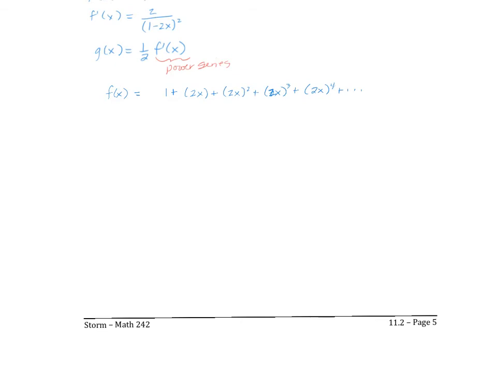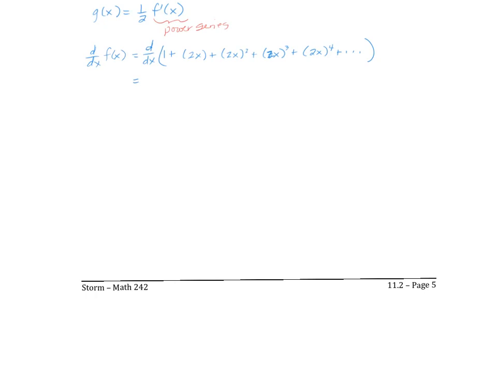So all I'm going to do is take the derivative with respect to x on both sides and see what it looks like. When I take the derivative of 1, that's 0, plus the derivative of 2x is 2, plus the derivative of 2x quantity squared would be bring the 2 in the front, chain rule, right? 2x stays the same, minus 1 from the exponent, times the derivative of the inside.